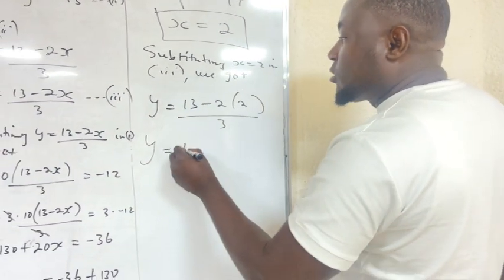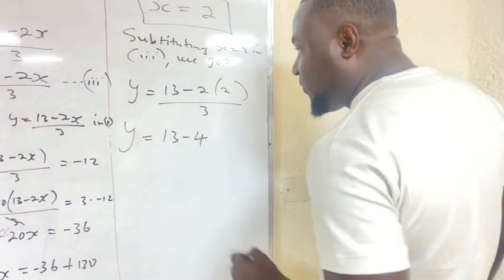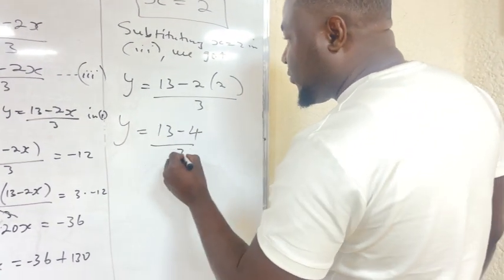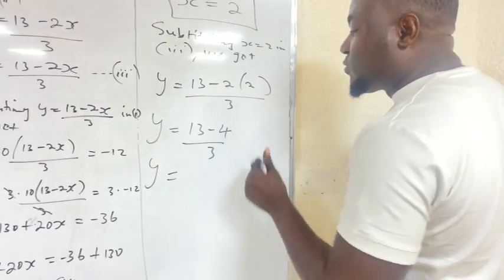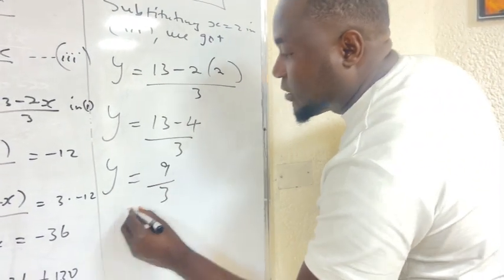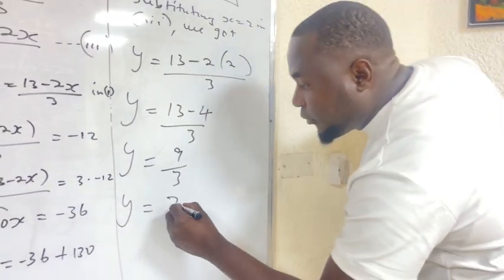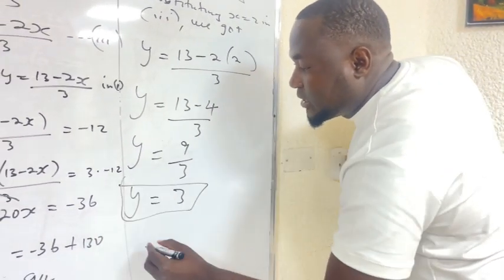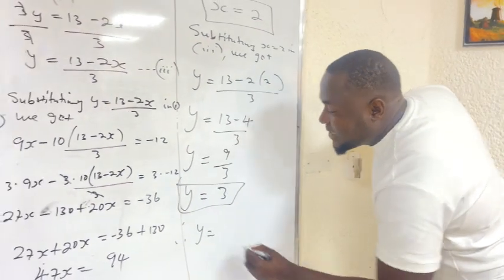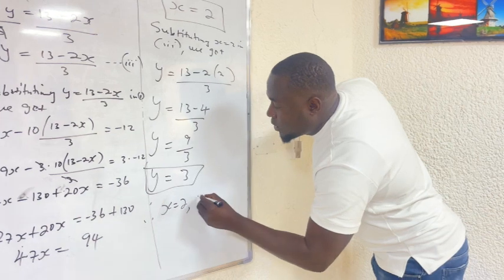So y is equal to 13 minus 2 times 2, which is going to give us 4, all over 3. So y is 13 minus 4, which is going to give us 9 over 3. So definitely y is equal to 3. So therefore x is equal to 2 and y is equal to 3.